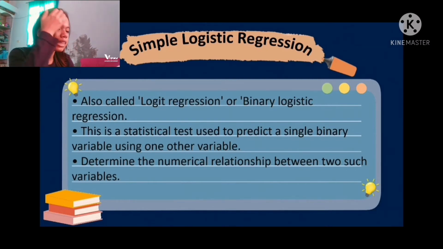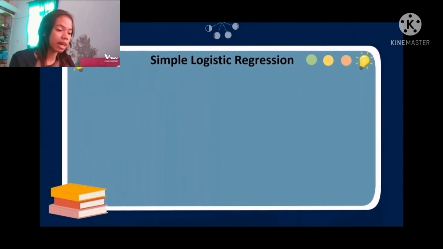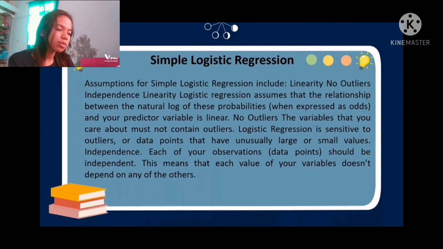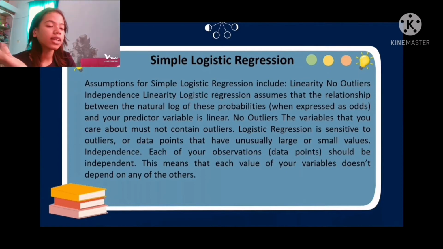So, every statistical method has assumptions. Assumptions mean that your data must satisfy certain properties in order for statistical method results to be accurate. So, assumptions for simple logistic regression: linearity, no outliers, independence.